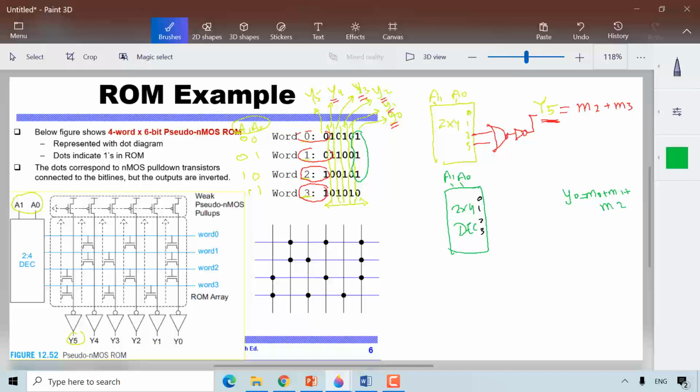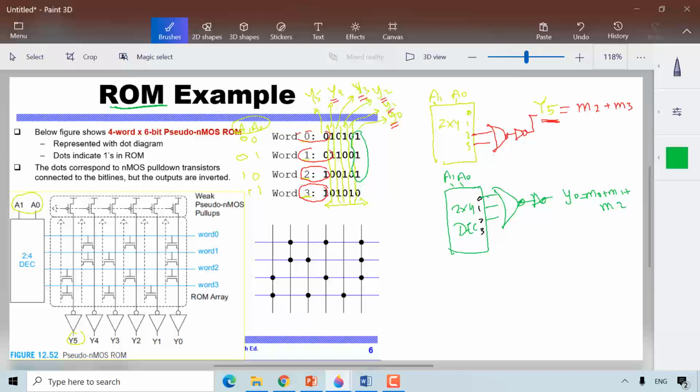So I feed them into a NOR gate and an inverter, and that is Y0. So clearly I can implement those Ys, which represent the individual bits of the word in my RAM memory. Every one of those Ys is a function that can be implemented by adding the minterms, and the minterms are the product of this decoder.